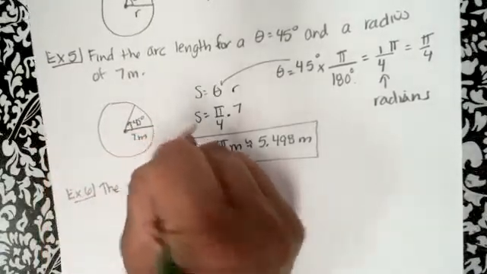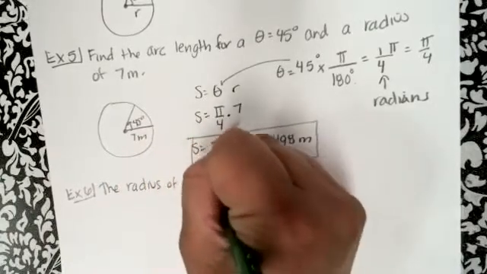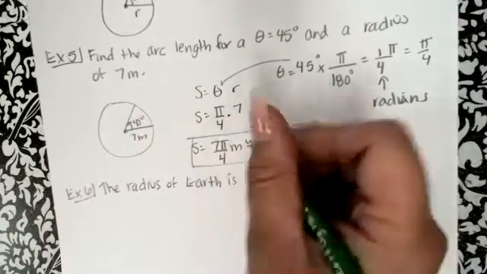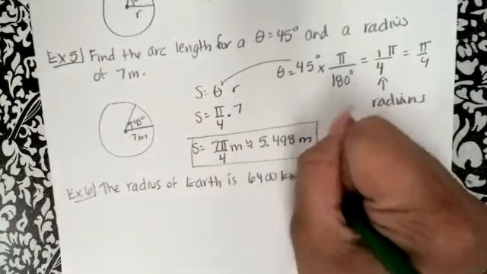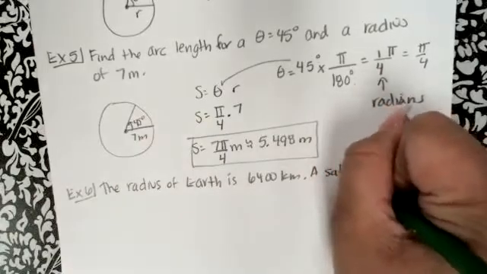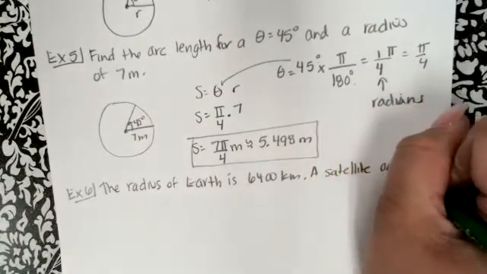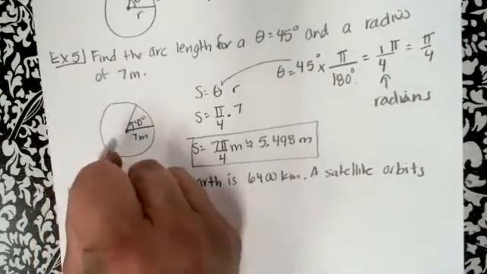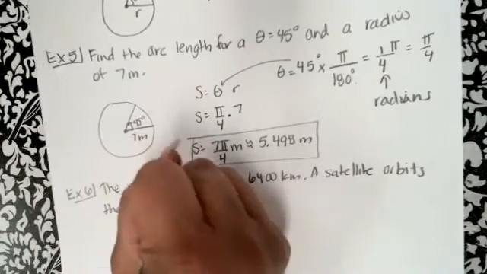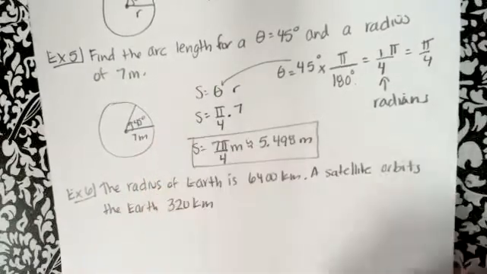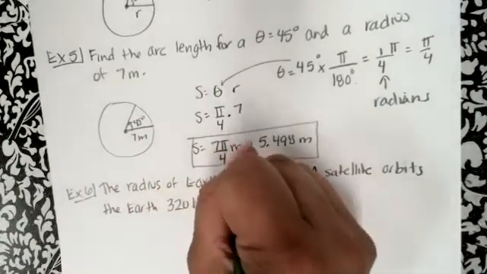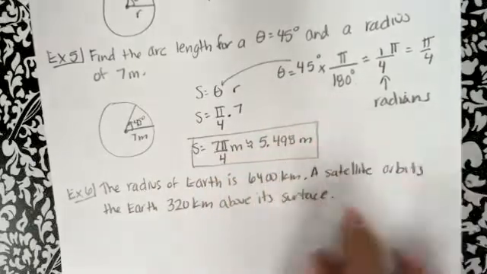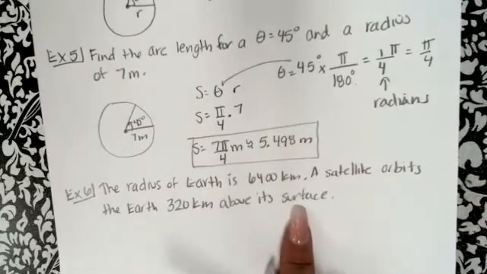The radius of Earth is 6,400 kilometers. A satellite orbits the Earth at 320 above its surface. That's key right there, it's above the surface.